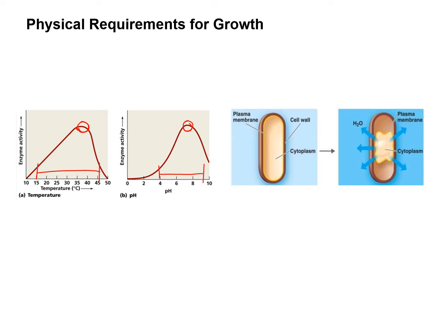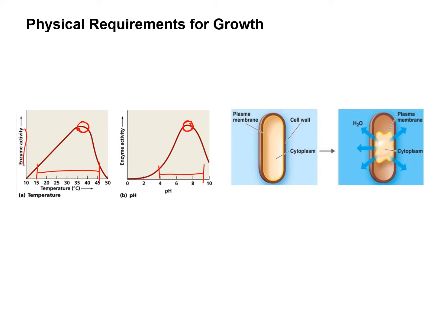And both of these things should remind you of the previous lecture in metabolism when I talked about enzyme activity, because you will see similar characteristics for enzymes. All enzymes have an optimal temperature and an optimal pH where they function at their fastest rate. So the characteristics of the bacterium directly relate to the characteristics of their enzymes.